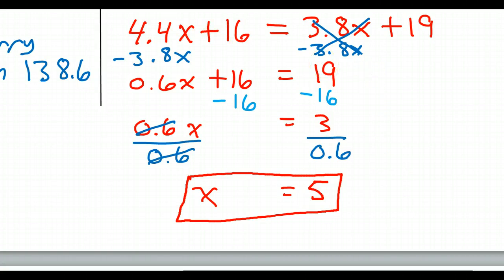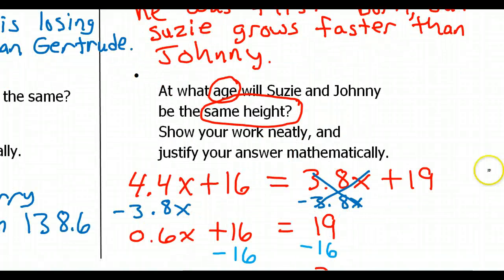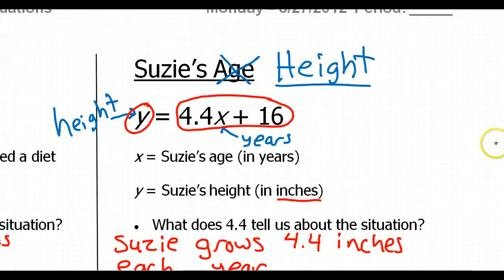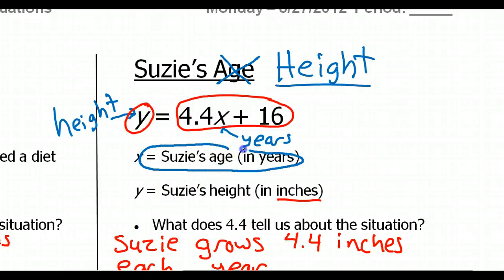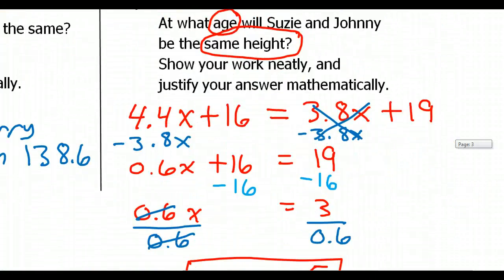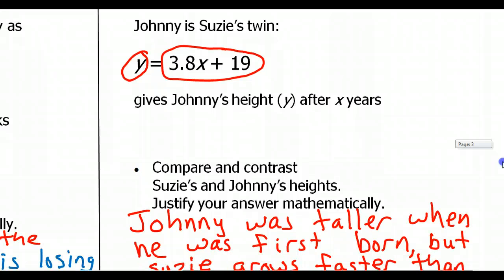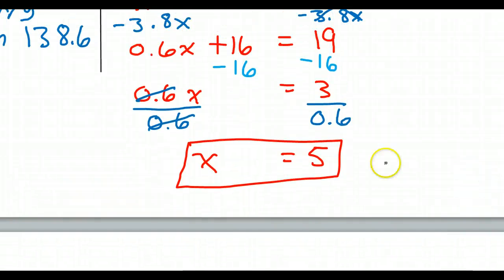Please remember what this represents. I'm going to write this as a little summary statement. We were being asked, at what age will Susie and Johnny be the same height? Please remember that x represents age. x is Susie's age, and x is Johnny's age in years. So when we find this x is 5, this is 5 years.